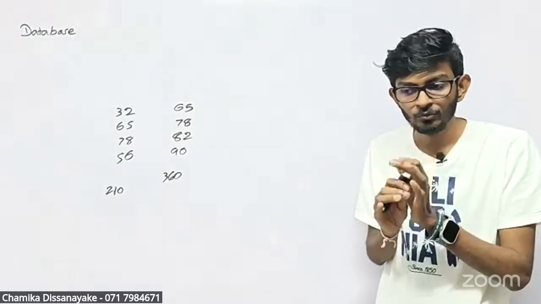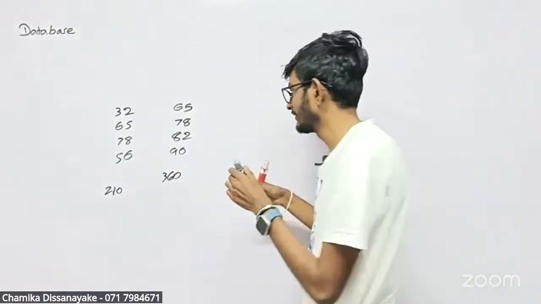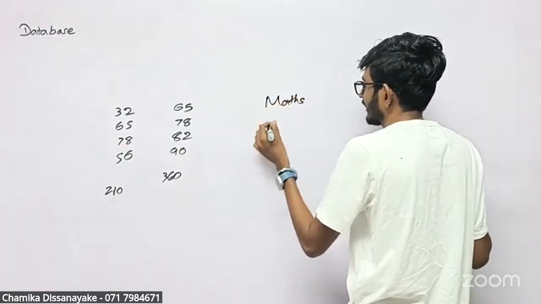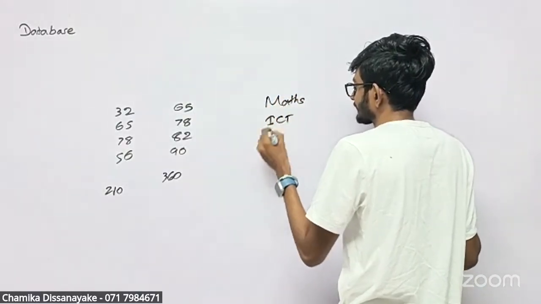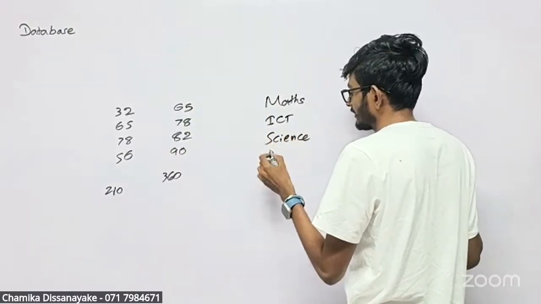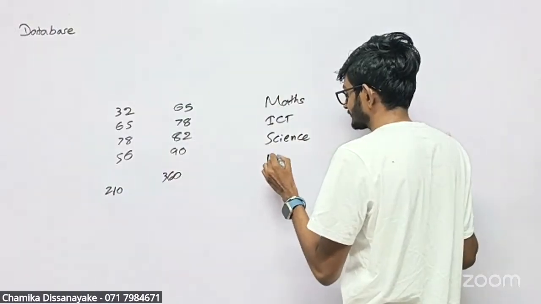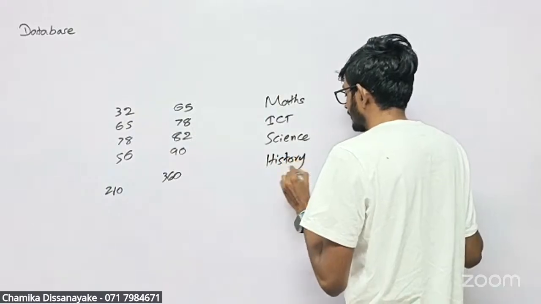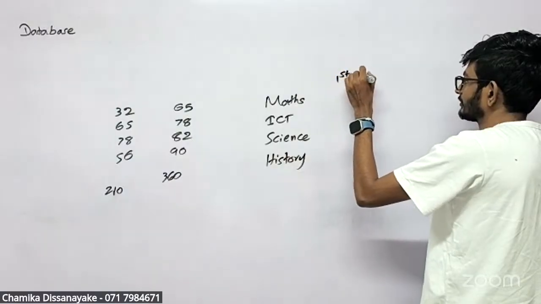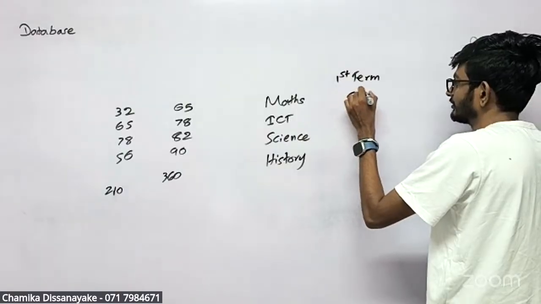Database means we are going to organize these things. That means we are going to put maths, and then ICT, and then science, and history. And then we have the first term. Maths, we have 65.